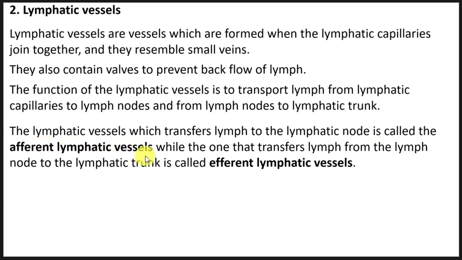vessels. So those lymphatic vessels that make lymph enter into the lymph nodes are called afferent lymphatic vessels, while the ones that transfer lymph from the lymph node to the lymphatic trunk are called efferent lymphatic vessels.